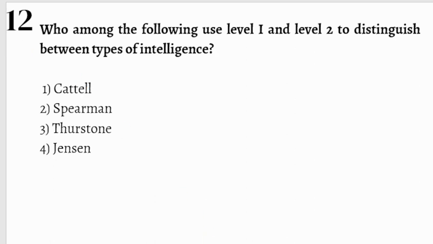Jensen is our correct answer here. Level 1 and level 2 were proposed by Arthur Jensen. Which theory of intelligence did Cattell give?